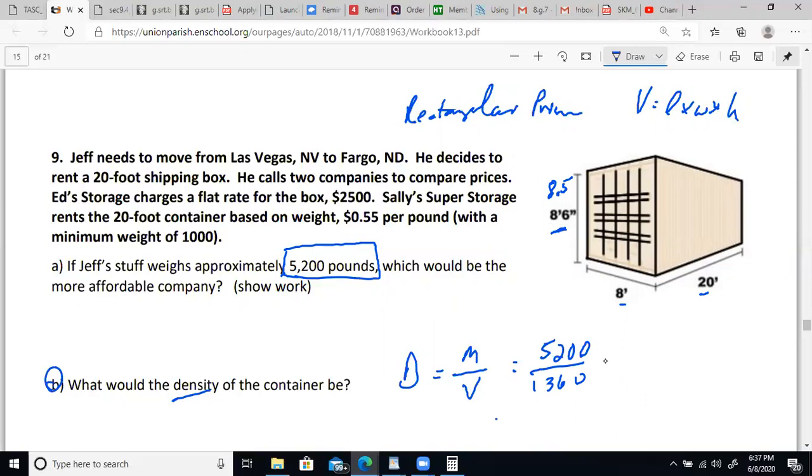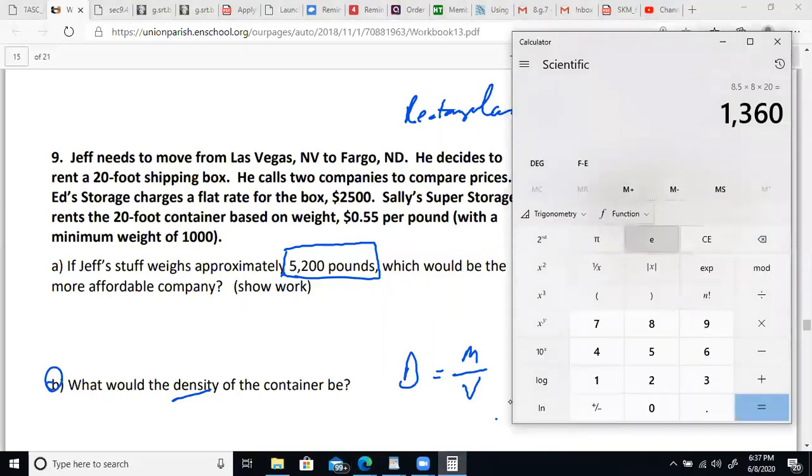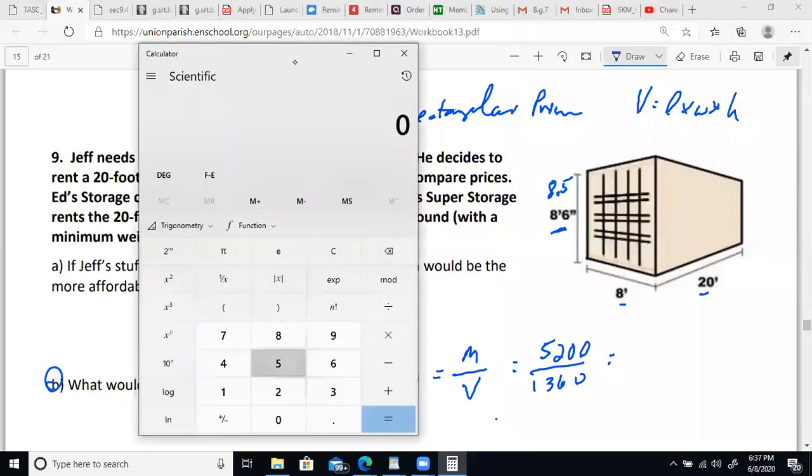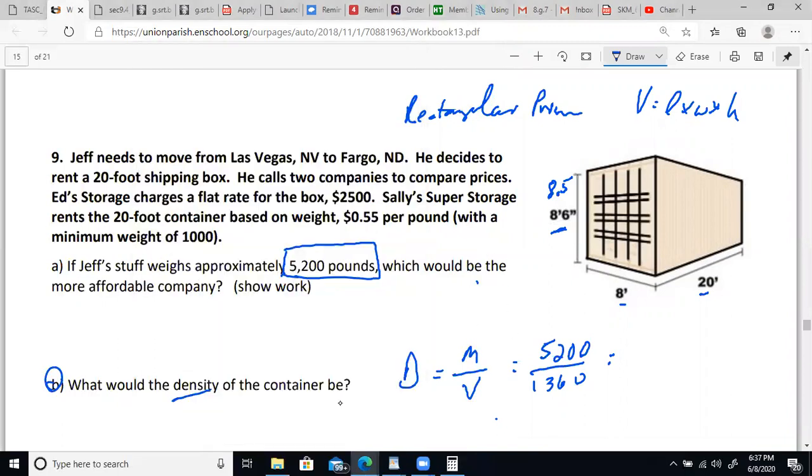Okay, that's all we need. 5,200 divided by 1360. All right, 3.82. We're measuring this in pounds per, the length was in feet, so cubic feet.